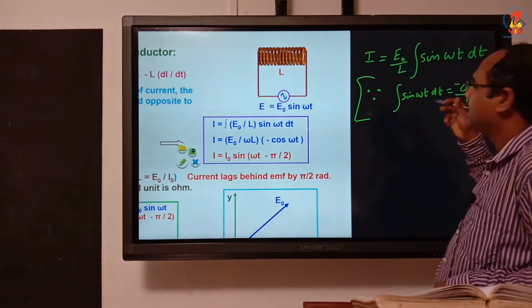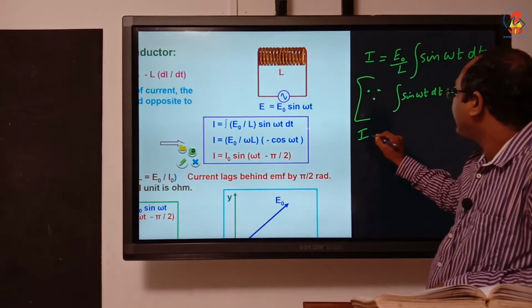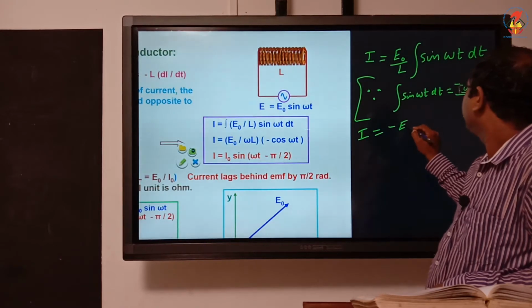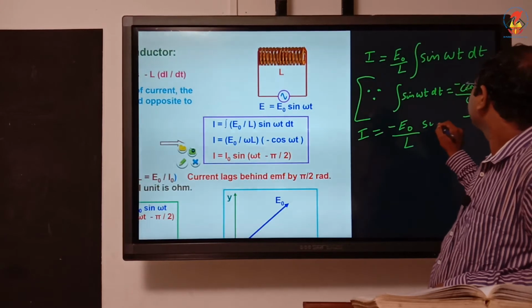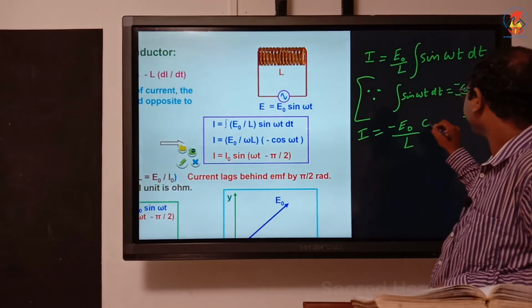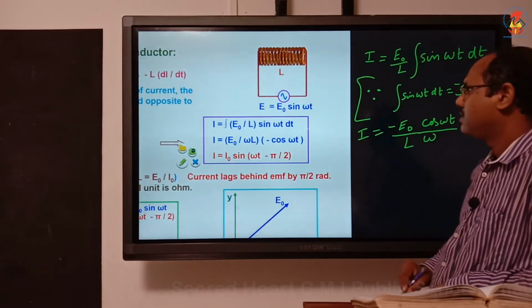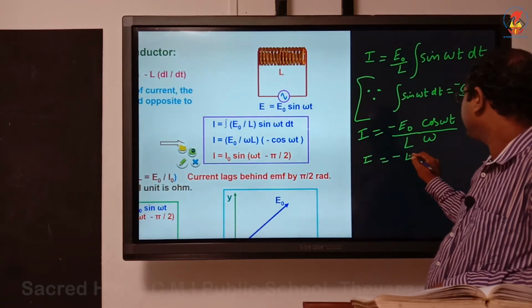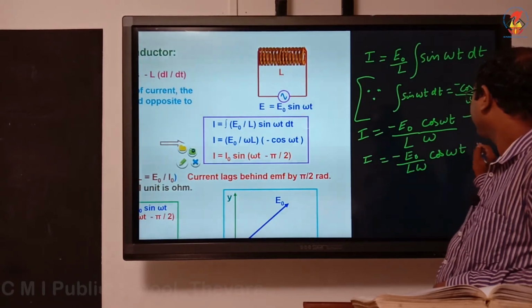That is the answer. So, we are putting that in the above equation. You will get I is equal to minus E0 by L omega cos omega t.